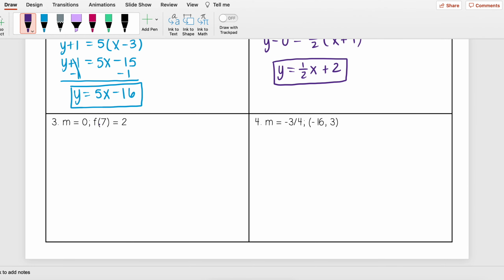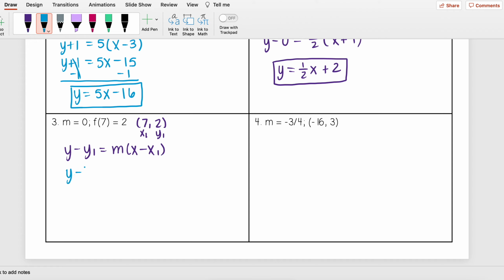Okay, trying this next one. f of 7 equals 2 is the same thing as the point (7, 2). So that means that my x1 is 7, my y1 is 2. So I have y minus y1 is equal to m times x minus x1. I'll go ahead and plug in all of my information.